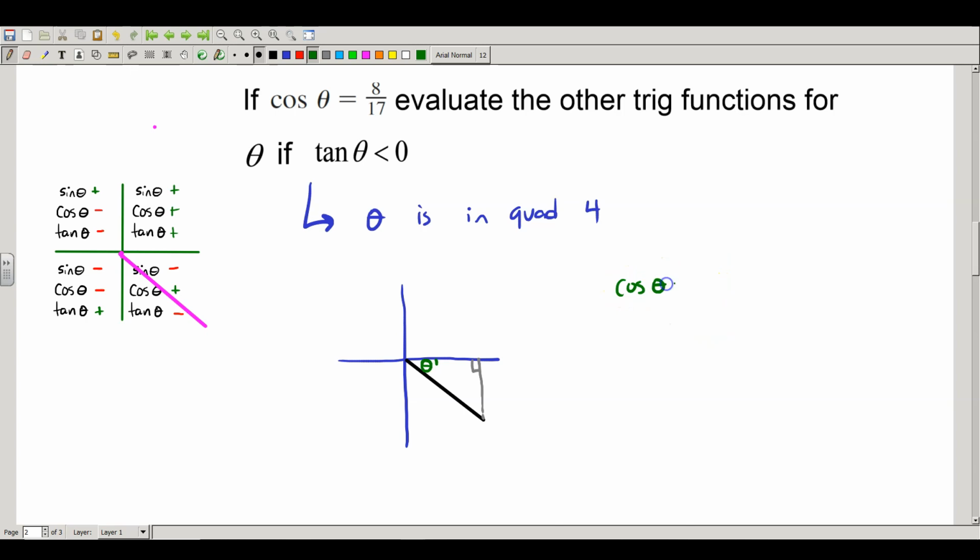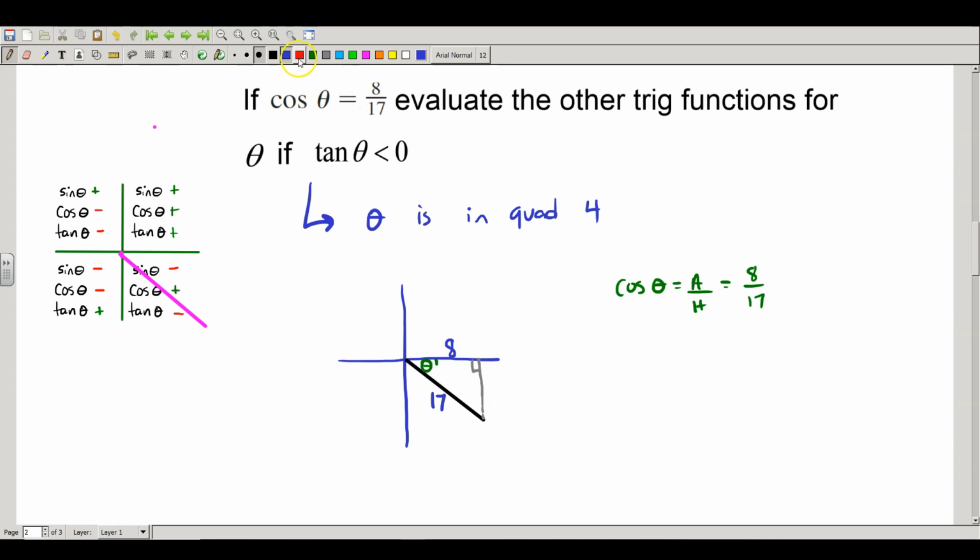And now I look at my information, and the cosine of theta, remember the cosine is adjacent over hypotenuse. We know that this is 8 over 17. So now looking at my setup and my triangle, the adjacent is 8 and the hypotenuse is 17.